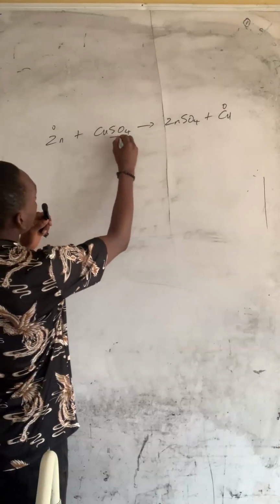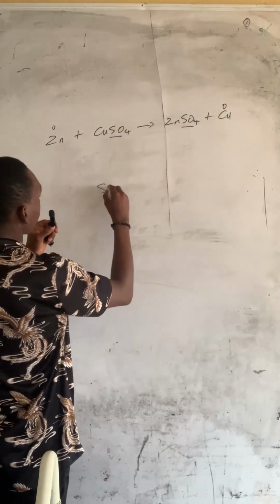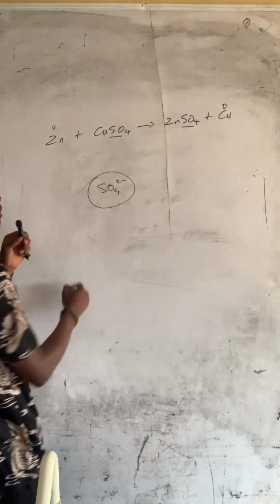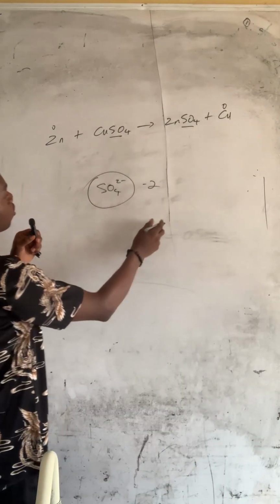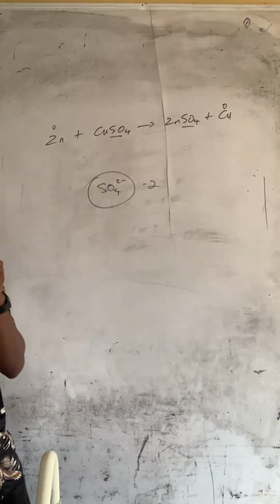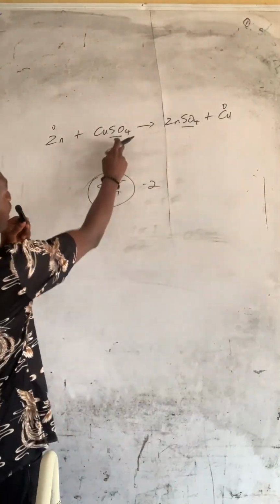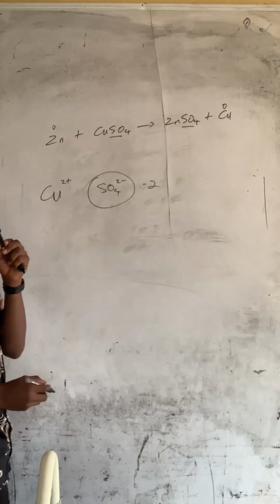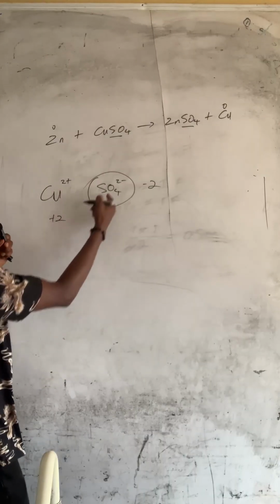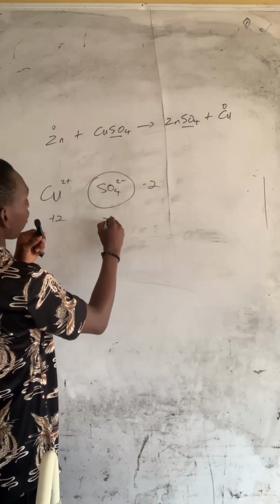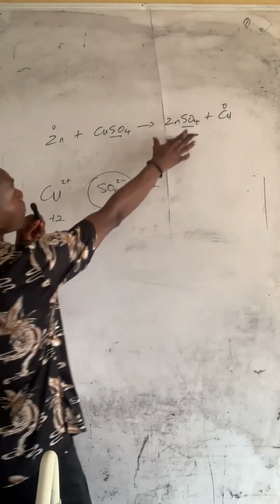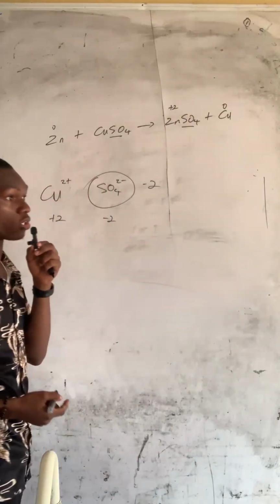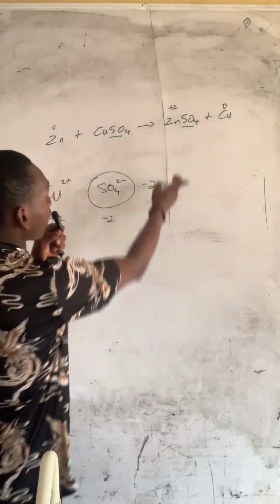Remember that for this radical, SO4 2 minus, the oxidation number is -2. So if copper is combining with SO4, its oxidation number is +2. Same with zinc: its oxidation number here is +2 because that of SO4 is -2.